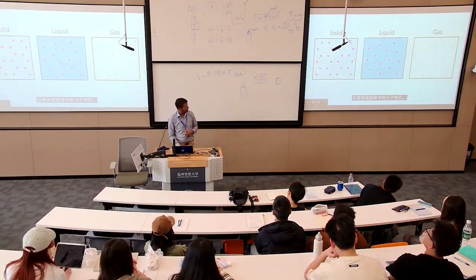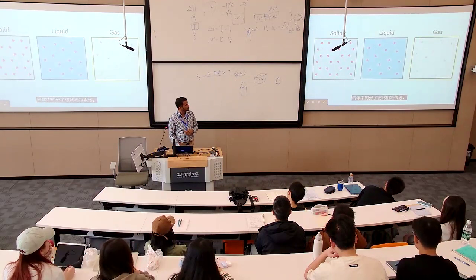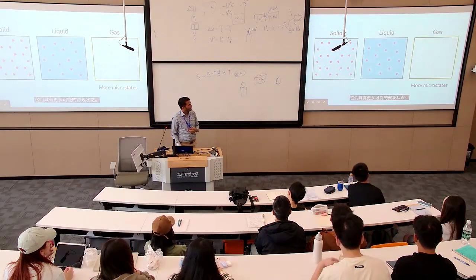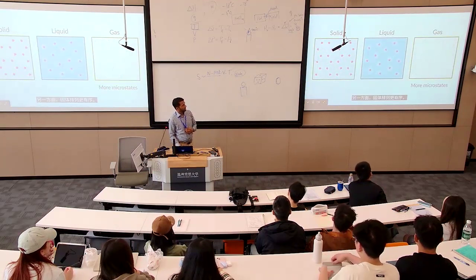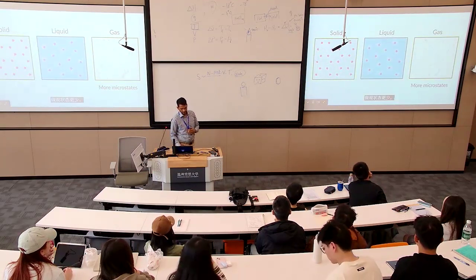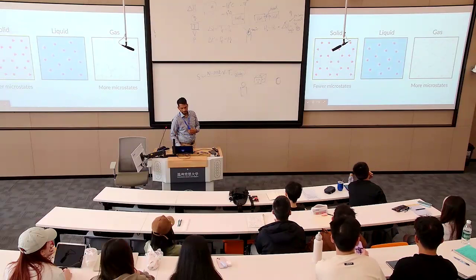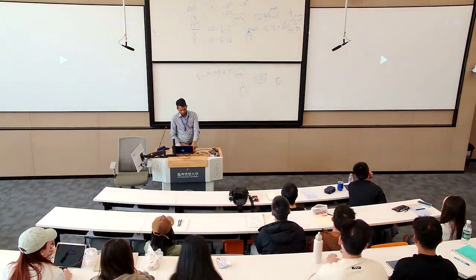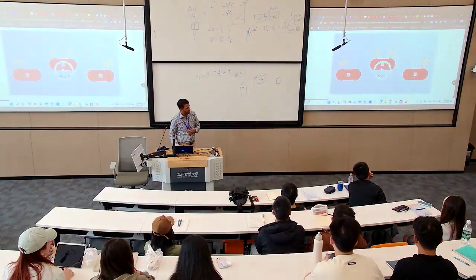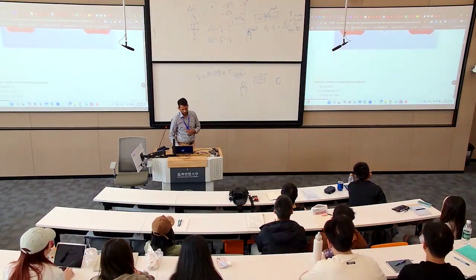The molecules in a gas are far apart from each other and have many more possible microstates compared to molecules in a liquid or solid. Solids, on the other hand, are much more organized with fewer microstates, thereby resulting in lower entropy. So any question related to entropy? Do you understand?